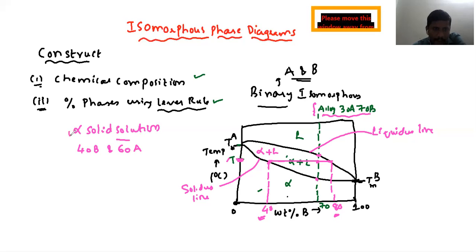In the alpha solid solution phase, we have 40B and 60A as the chemical composition.